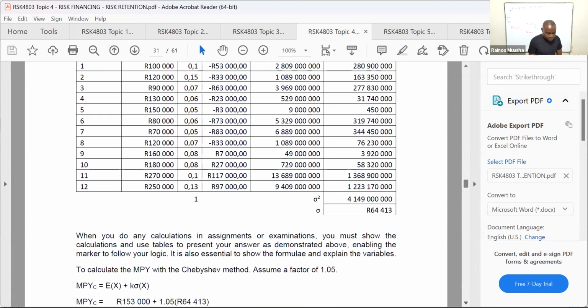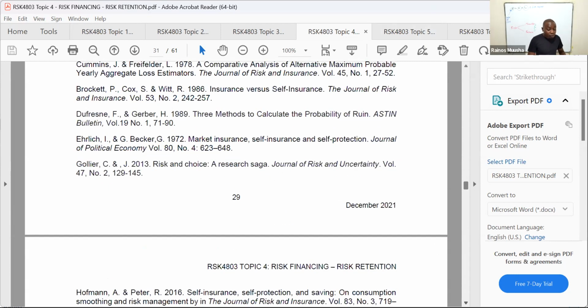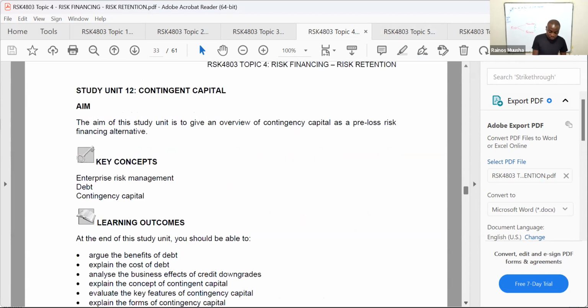Then, for the maximum probable yearly loss using the Chebyshev method, you say the expected value plus a value of k, which is always going to be given to you, multiplied by the standard deviation, which you're going to be calculating. That's basically what you're going to be looking at in study unit 11. We're going to look at it in detail, but know that no matter what happens, you need to make sure that you understand this, because it's a highly examinable study unit, especially the calculation of the Chebyshev method.